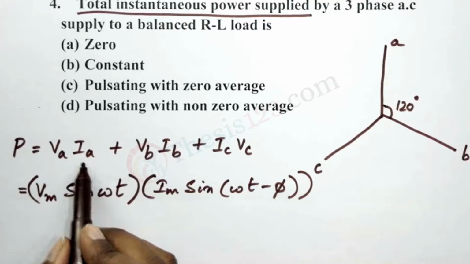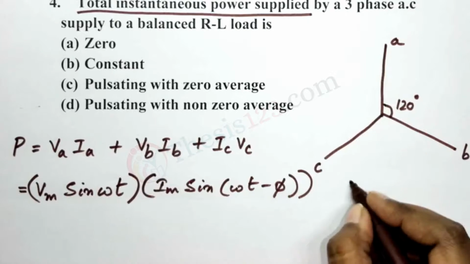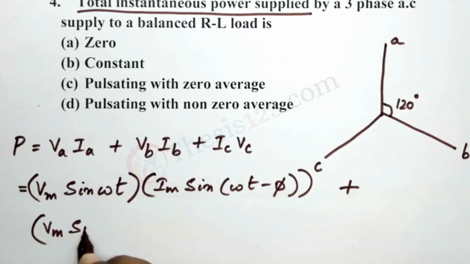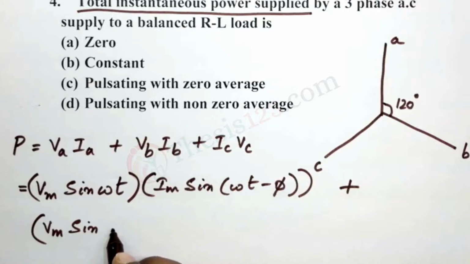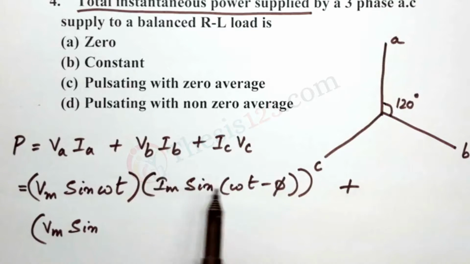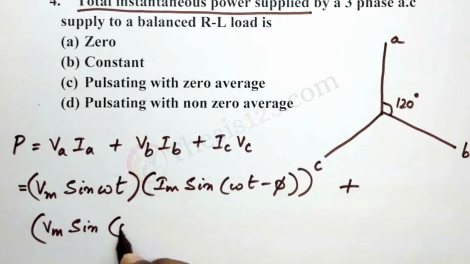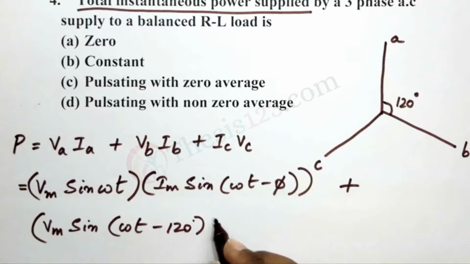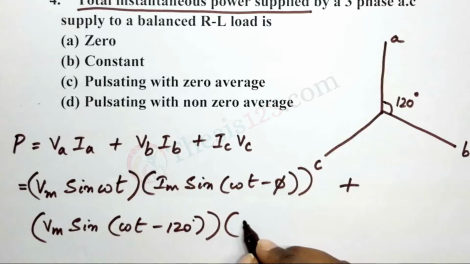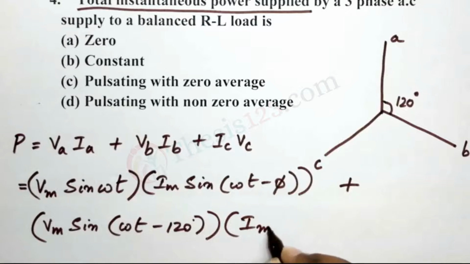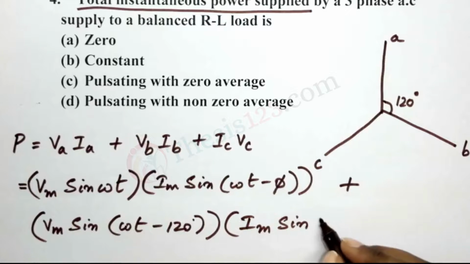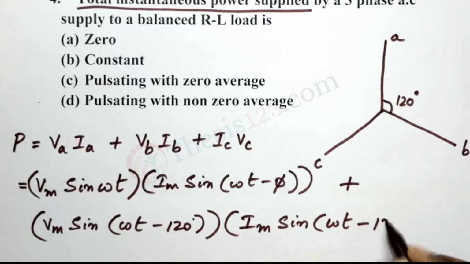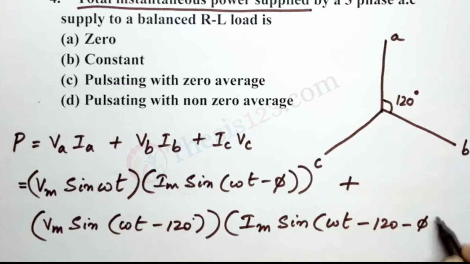This is for VA IA. Next, let's write down for VB IB. Here we will have Vm sine of, since we started with VA, VB would be omega t minus 120 degrees. And then IB can be written as Im sine of, okay, so what will we get over here? Omega t minus 120 minus phi.